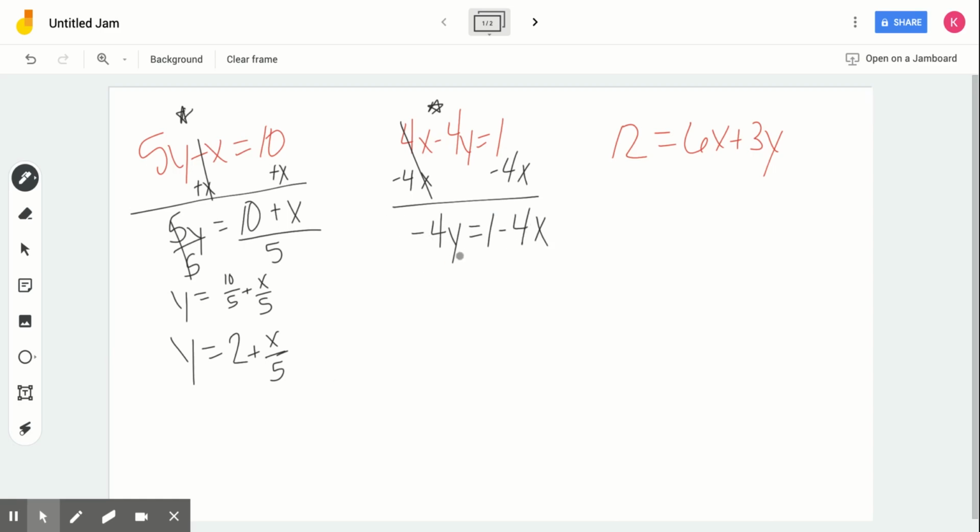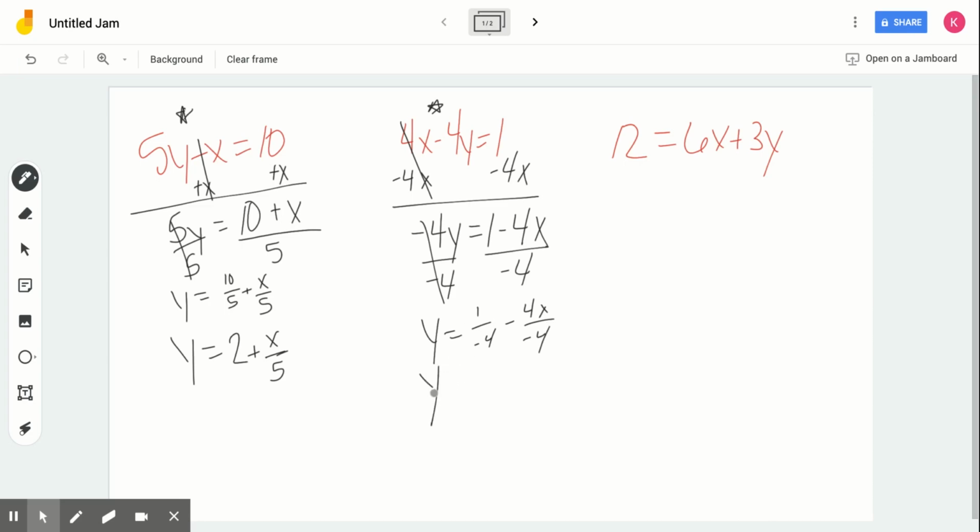Again, negative 4 is being multiplied by y, and the opposite of that would be to divide. Negative 4y divided by negative 4 will be y. And again, we're dividing each term by negative 4. So this would be 1 divided by negative 4 and negative 4x divided by negative 4.